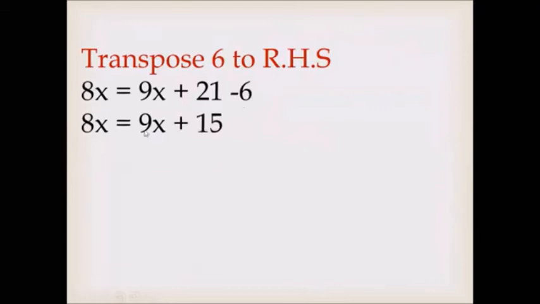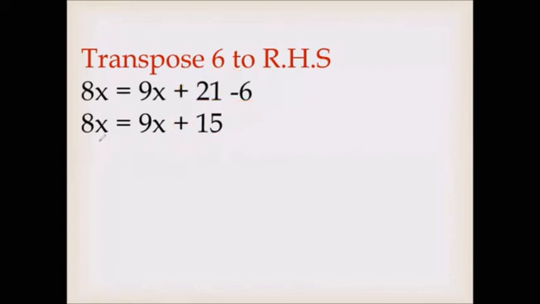What does it become? 8x is equal to 9x plus 15. Why? Because we are using integers. Both are of opposite sign, that means we have to subtract the numbers. We subtract to get 15, and we put the sign of the greater number, that means plus.